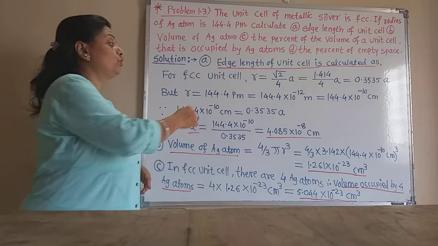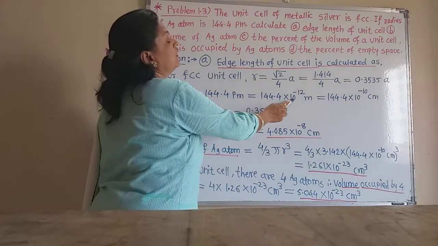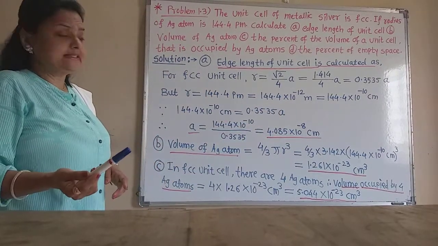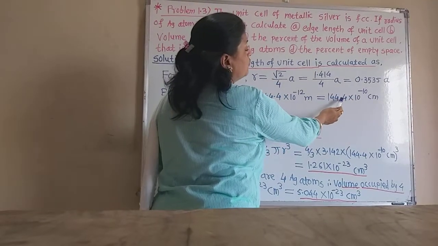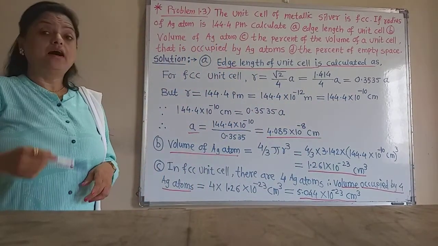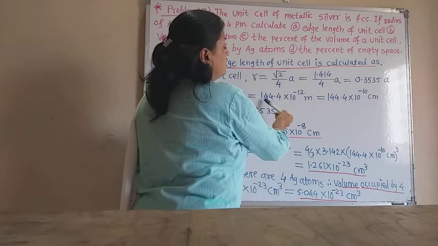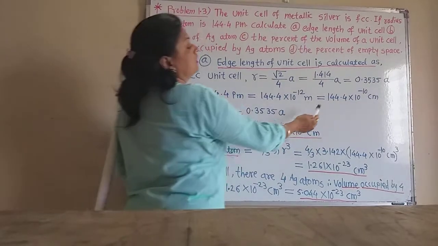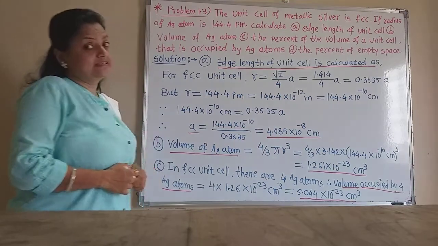And if this is converted into centimeter, what is the value? 144.4 into 10 raised to minus 10 centimeter, because 100 centimeter is equal to 1 meter. So on multiplying the value in meter by 100, we obtain 144.4 into 10 raised to minus 10 centimeter.